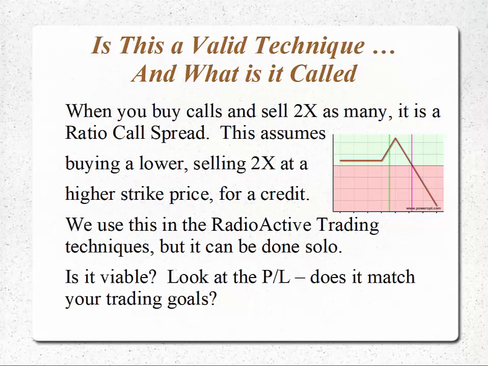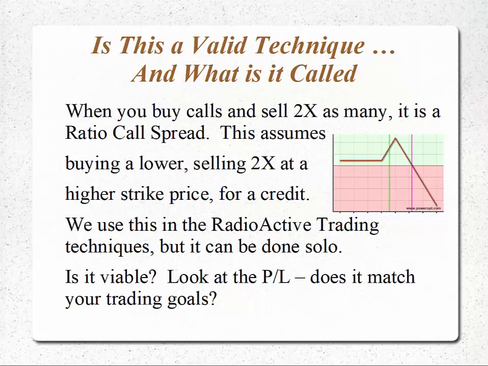Is this a valid technique and what is it called? Well, it's called a ratio call spread. When I buy calls and sell twice as many at a higher strike, it's a simple ratio call spread. If we had a stock trading at 67, I might buy a 66 strike call and then sell 2 68 strike calls, hopefully for a credit. That gives me that flat line profit to the left of the profit and loss chart.